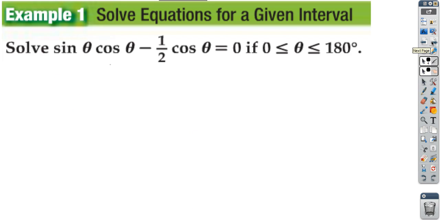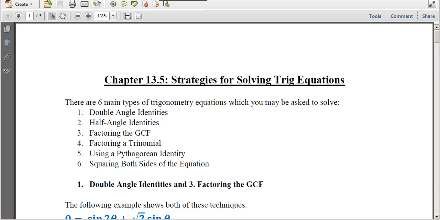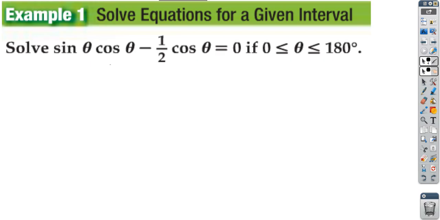Okay, so we said there's 6 types of equations, and there's this sheet that you have that shows them to you. So the first thing that you have to do is decide which strategy or which method I need to use, because that's kind of like solving a puzzle. You're trying to find out where the pieces fit together. You have to make sure that you're in the right region of the puzzle before you start putting that piece in that particular spot.